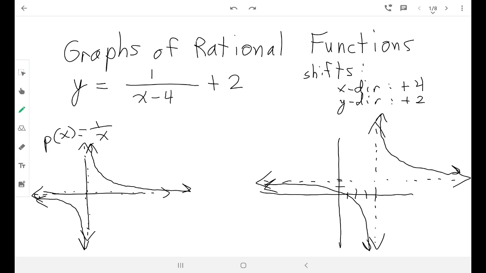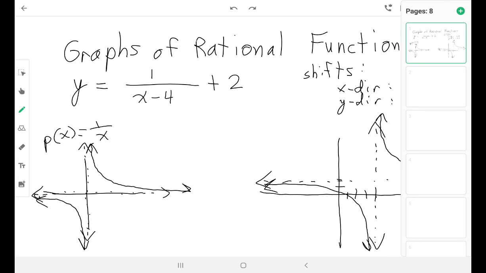The shifting is the easiest thing to see. The next easiest thing to see is the flipping. The stretching and shrinking is really hard to determine because your scale can change. And if your scale changes, it just doesn't matter that you had stretching or shrinking. If you change your scale as much as you did the stretching or shrinking, then you can't even tell that you did it. So for stretching and shrinking, if you really need to go that far, then you need to build a table for it or use technology to graph it.